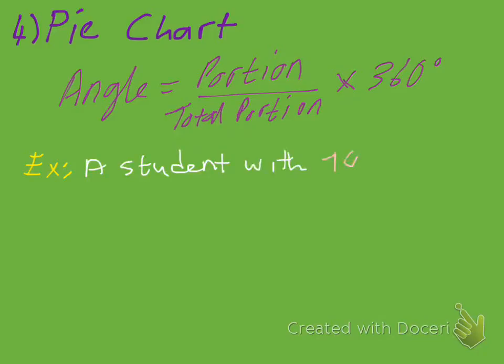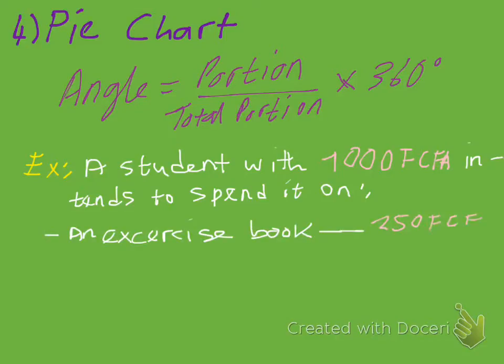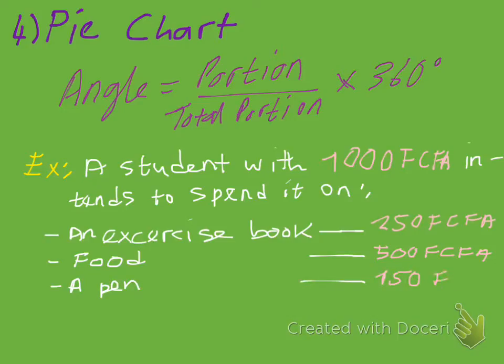A student with 1,000 francs intends to spend it on an exercise book which costs 250 francs, food which costs 500 francs, a pen which costs 150 francs, and a ruler which costs 100 francs.